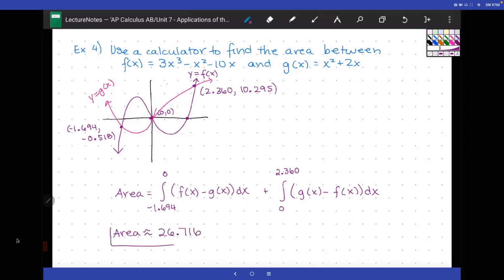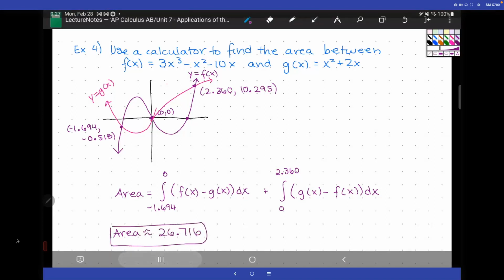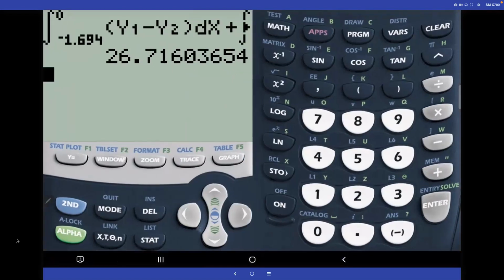And there you go. So when you get the use of using your calculator for all of this stuff, it actually becomes pretty quick to set up. Any questions about that?